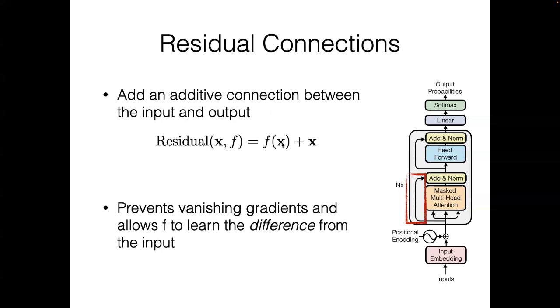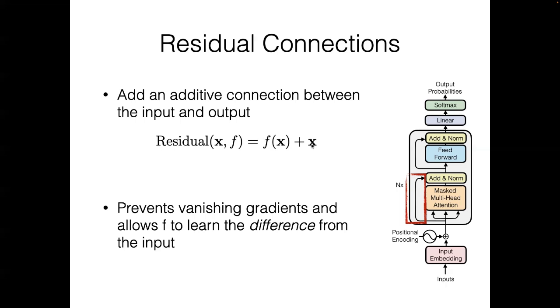But in practice, the model is basically learning to adjust the current representation or current input. And so doing this again can help prevent these vanishing gradients.